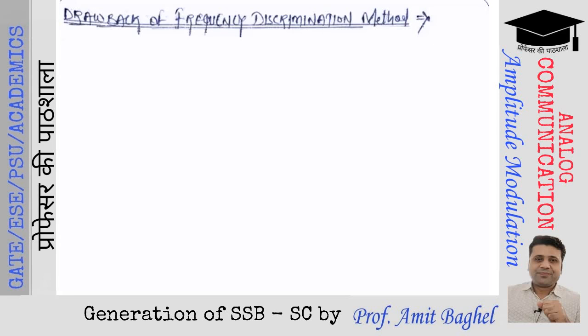In the frequency discrimination method, we actually apply a band pass filter. The objective of the band pass filter is to pass the frequency range between the cutoff frequencies, that means Fc to Fc plus W.